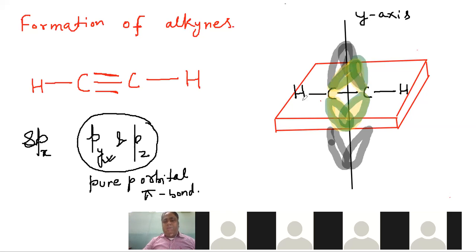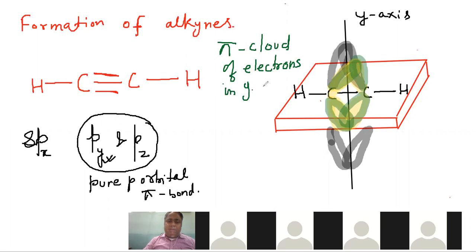Due to the presence of pi cloud of electrons in the y-axis and z-axis, a cylindrical arrangement of electron cloud is formed.